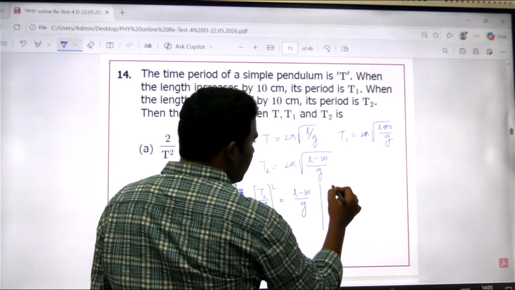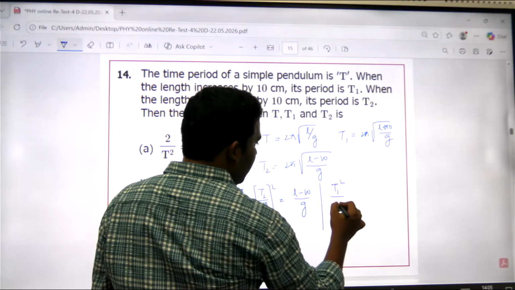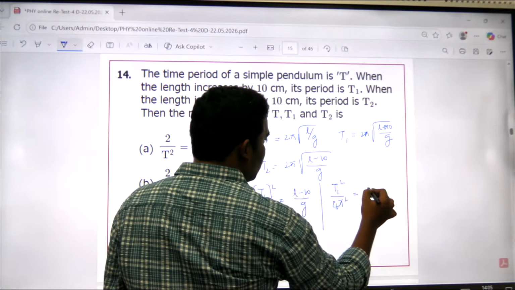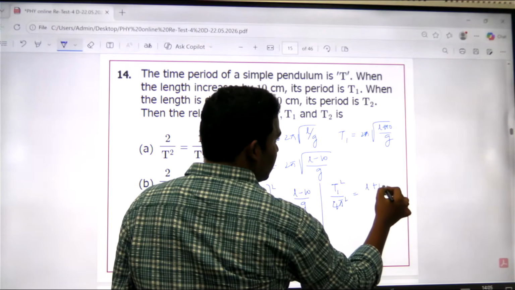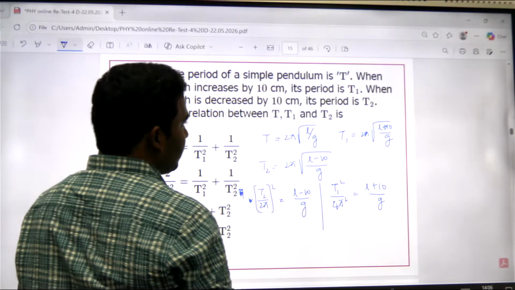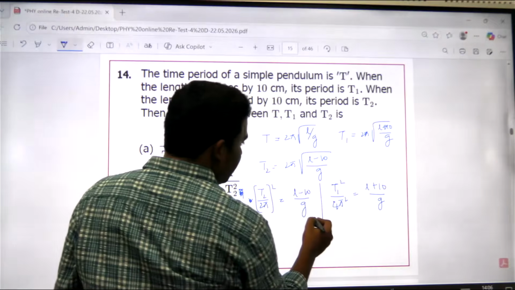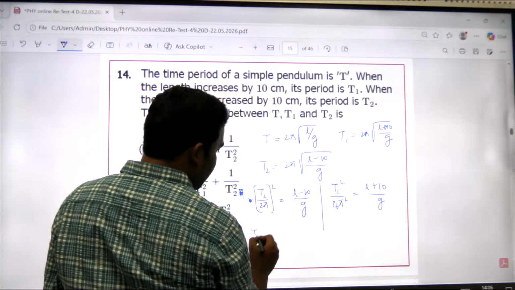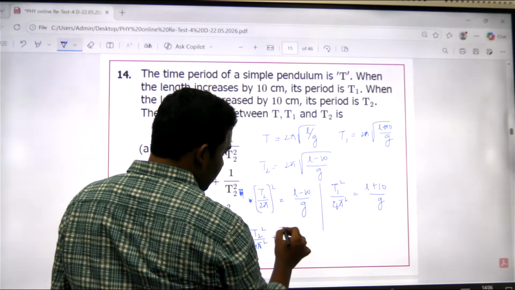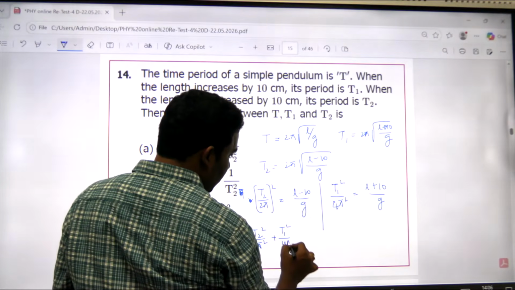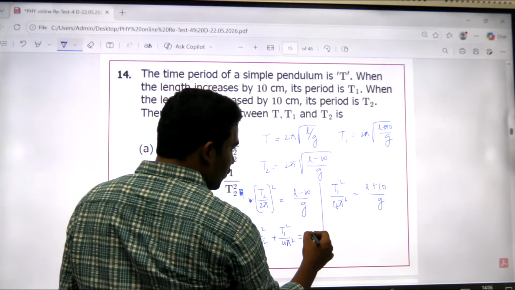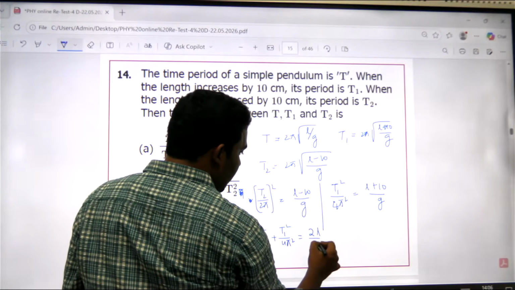Similarly, (T1 by 2 pi) whole square, that is T1 square by 4 pi square, equals (L plus 10) by g. Now if you add these two equations, you get T2 square by 4 pi square plus T1 square by 4 pi square, where the minus 10 and plus 10 cancel out, and all you get is 2L by g.